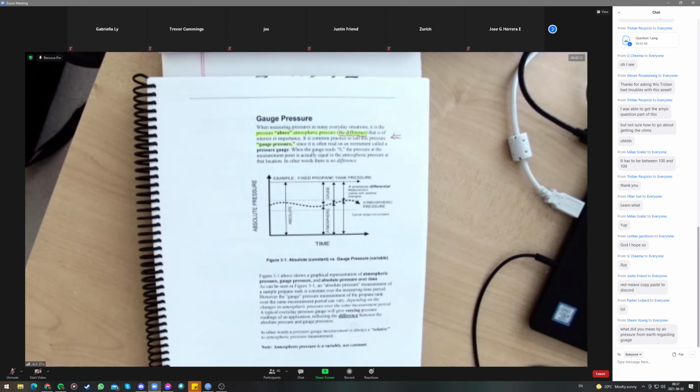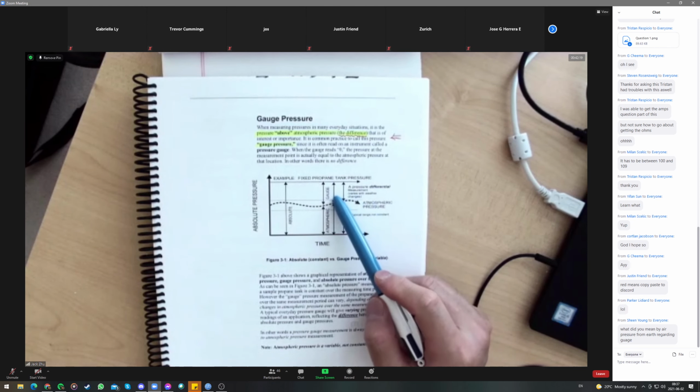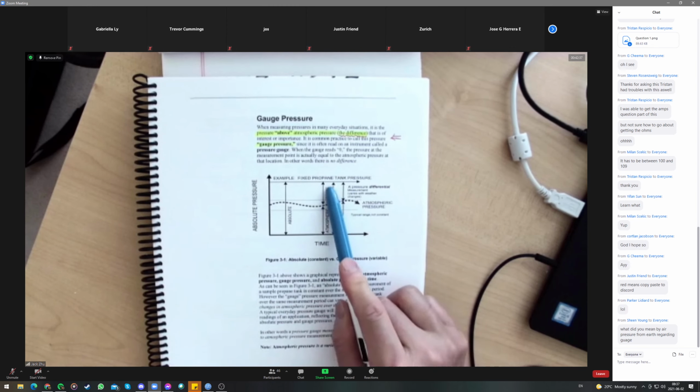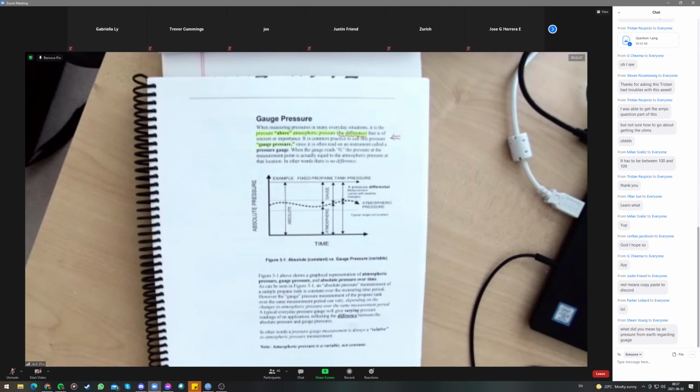In your book, they're talking about your gauge pressure. When you're using a gauge to measure, you are on the surface of the Earth, so that atmospheric pressure is always existing on the Earth's surface. Whatever pressure you measure by a gauge, you always have a reference point, which is the air pressure on the Earth's surface.